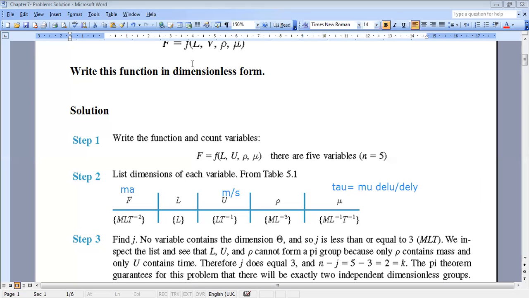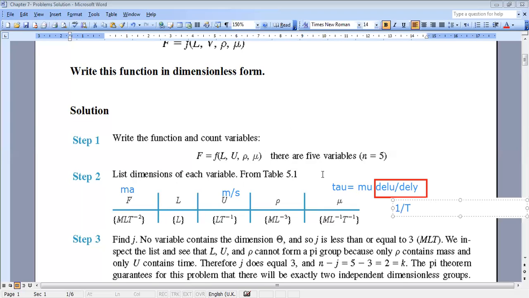So this term, du over dy, has as unit 1 over T. If I take it to the other side, it becomes T. And what is the unit of tau? Tau is a shear stress, so it's force per unit area. And we know that the force is M L T^-2.